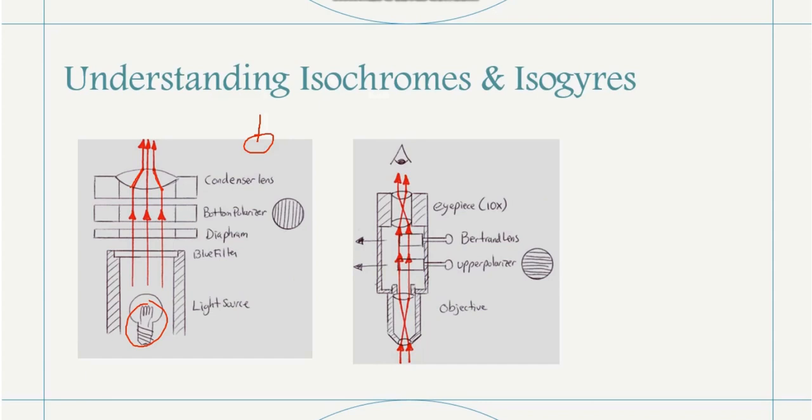This bottom polarizer aligns that light in a certain direction, north-south in this case, and then it will converge in the auxiliary condenser lens. Then this light will go straight into the mineral.